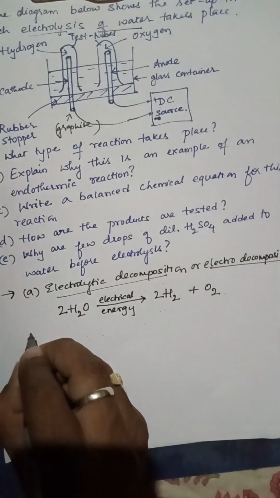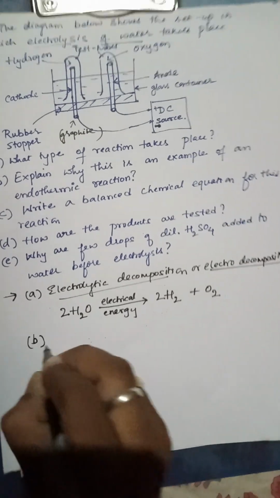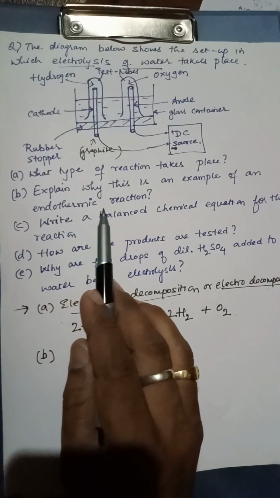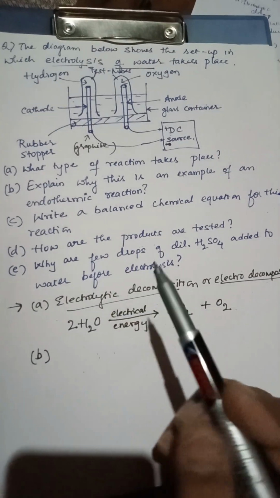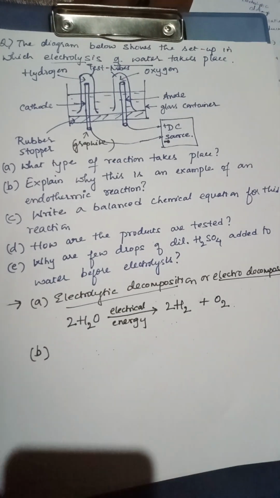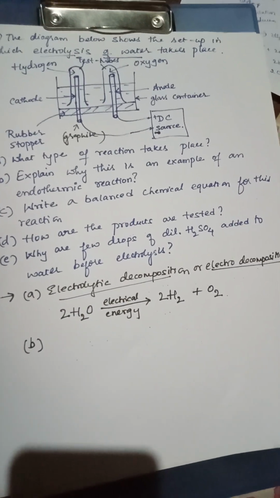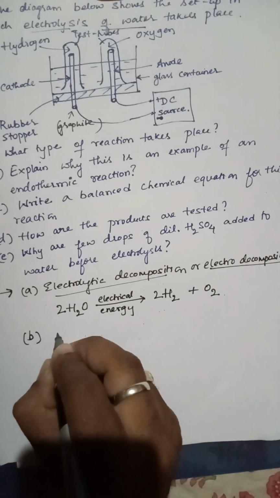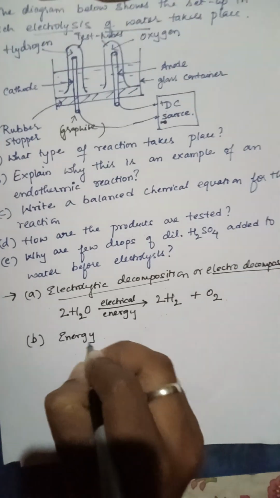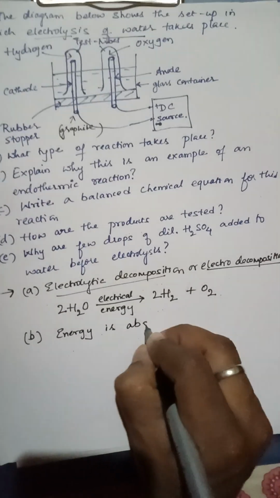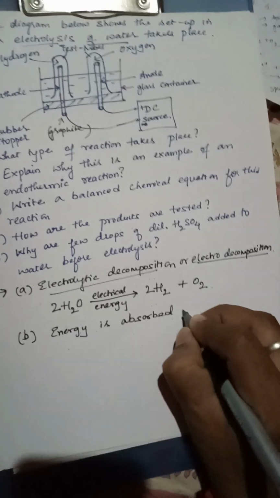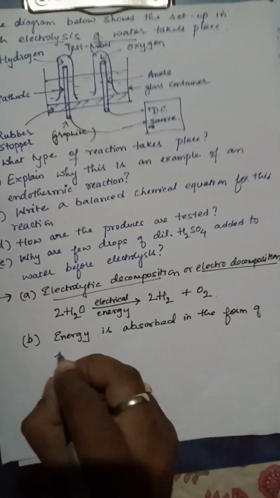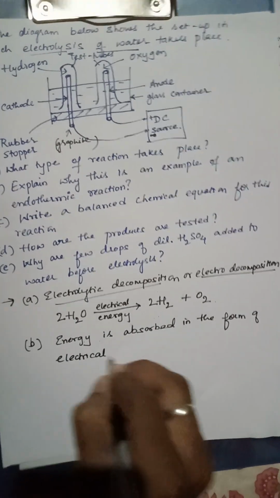decomposition. Now question B, explain why this is an example of endothermic reaction. We know that endothermic reactions are the reactions in which energy is absorbed during the reaction. Here in this reaction, energy is absorbed in the form of electrical energy.